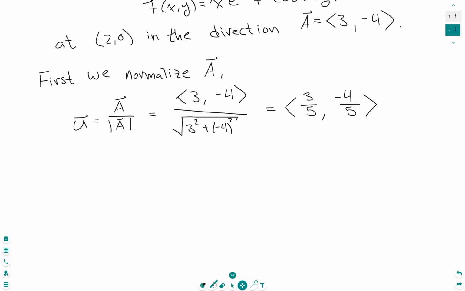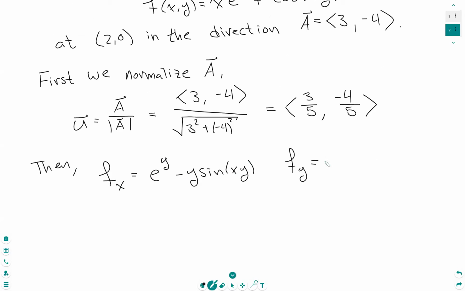So now that we have our u vector, we can go ahead and calculate our directional derivative. So we need our x derivative here. So this is e to the y minus y times sine of x times y. And then f partial y is x e to the y minus x sine of x times y.